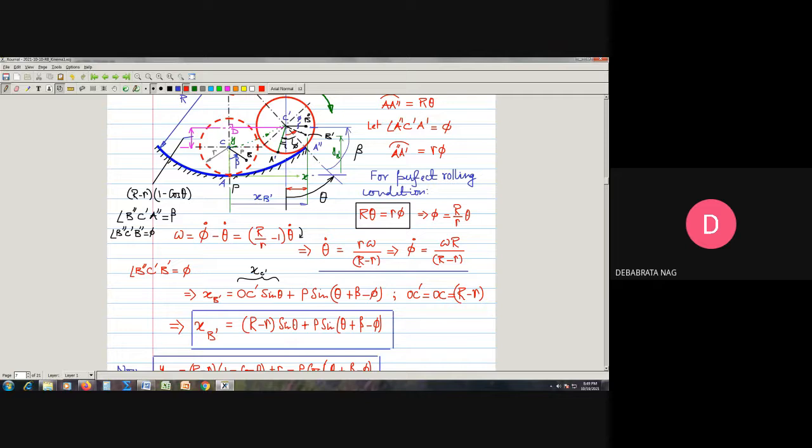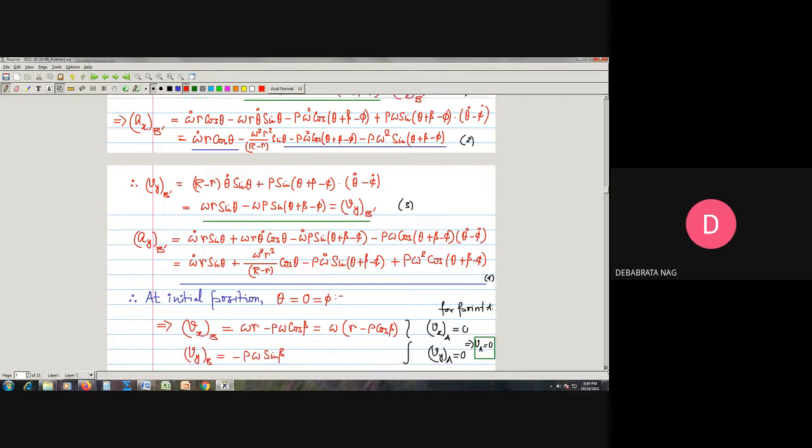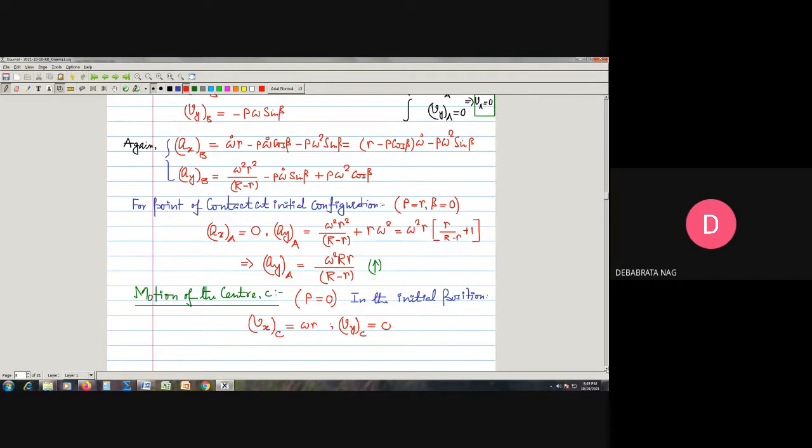It has only the x component of velocity, and that is equal to omega into r, r being the radius of the body, omega r. It's a very famous equation, the equation which establishes the relationship between angular motion and translational motion. So that omega into r should be your velocity of the center.